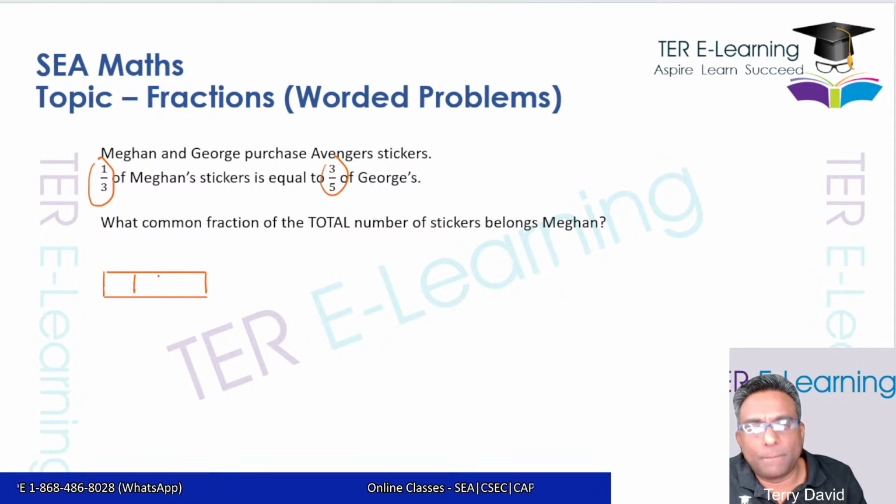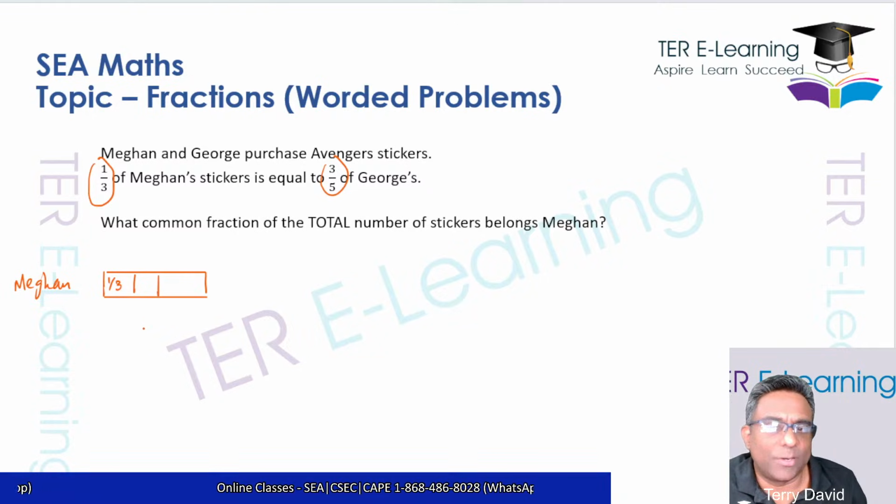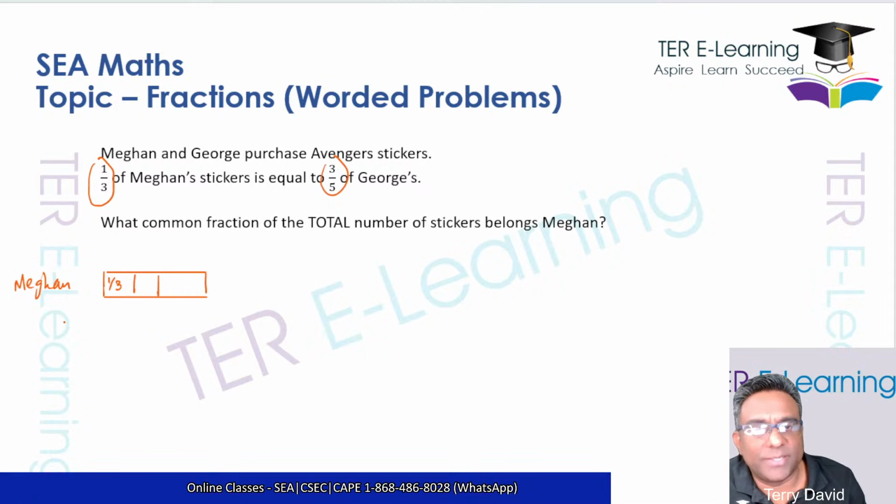So this is Megan, right? And this here is 1/3. Now, what they're trying to tell us here is that 1/3 of Megan's share is equal to 3/5 of George's.